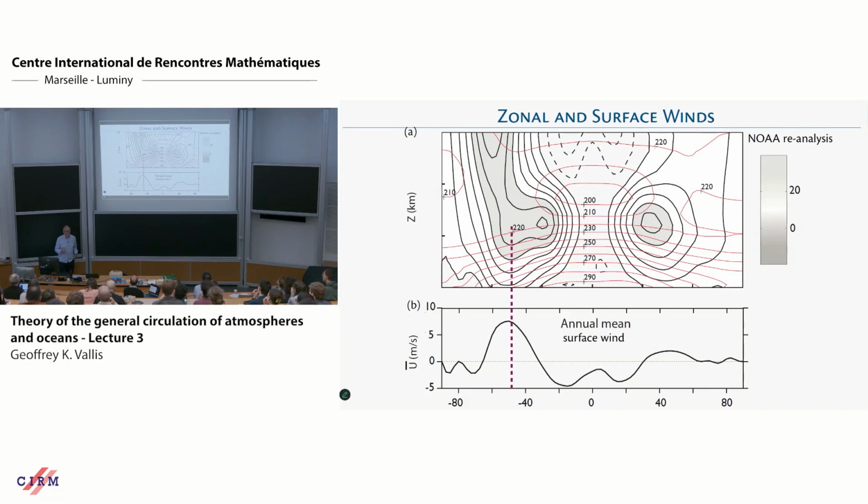And anticipating a little bit, what that jet is due to is that the eddies, the weather in the atmosphere, organize themselves and they converge momentum into the jet. They have an upscale transfer of momentum. It's sort of an anti-diffusion, if you will.